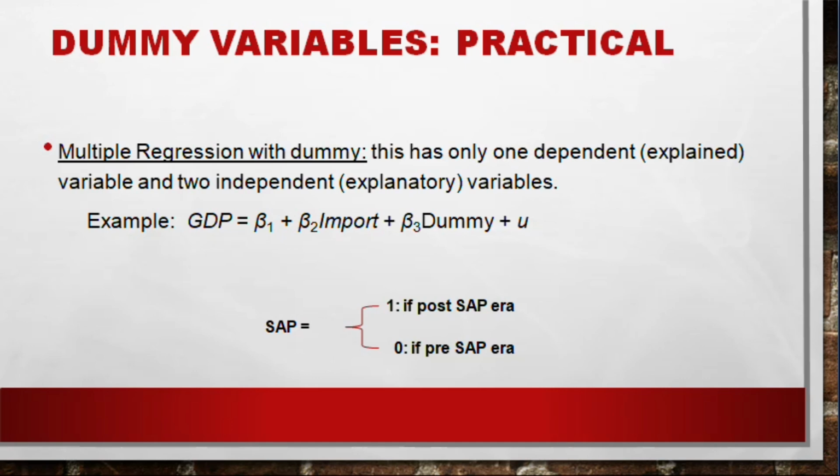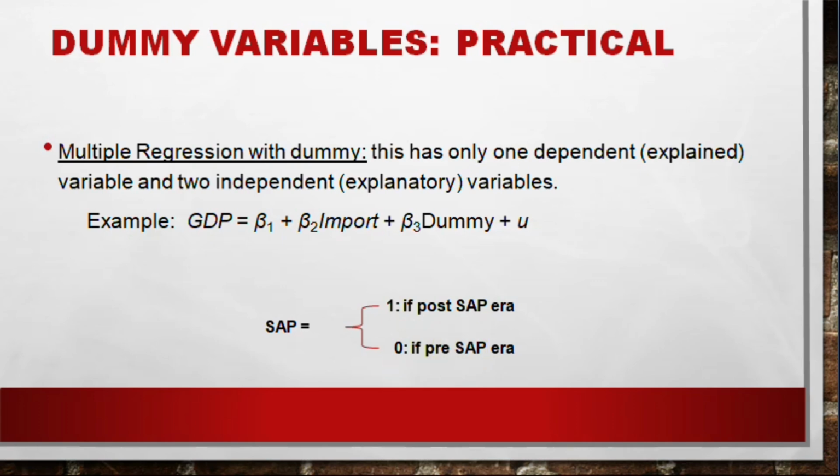So we may want to study before this adjustment program and after, was there any significant impact? You see our dummy here, it's a post-SAP era and pre-SAP era. If my interest is to find out whether the post-SAP era has impact on GDP, this is fine. But if my interest is to find whether the pre-SAP era had impact, I will make pre-SAP become 1.